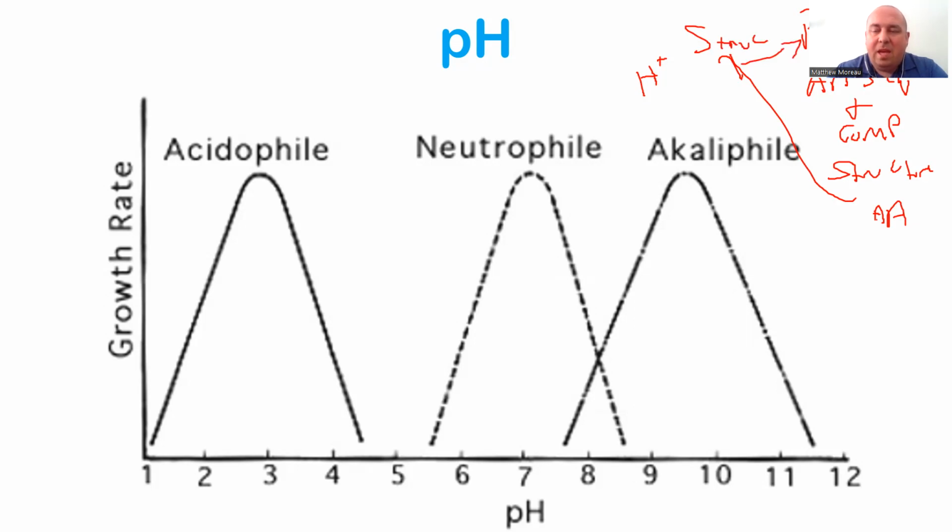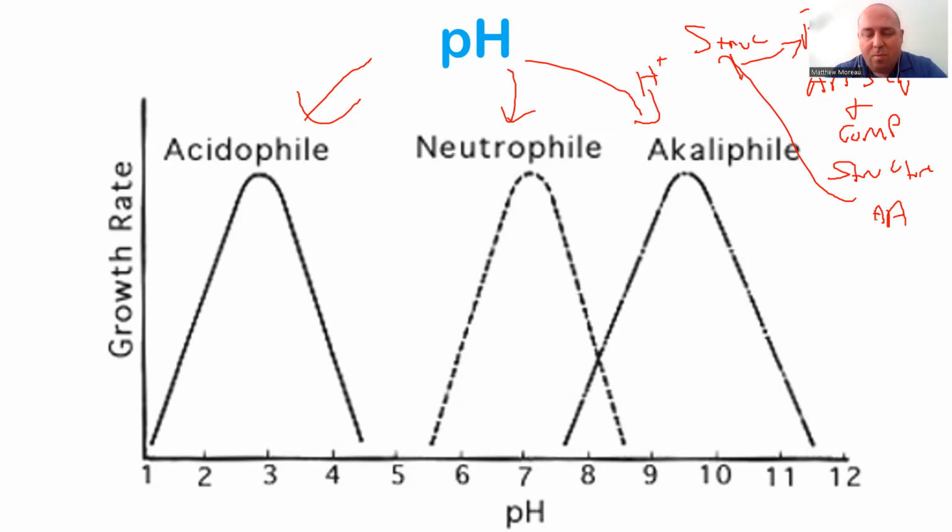So being able to withstand free hydrogen protons really gives rise to the ability to grow in certain places. And again, this has to do with growth rate, not the ability to survive and be static in a particular pH.